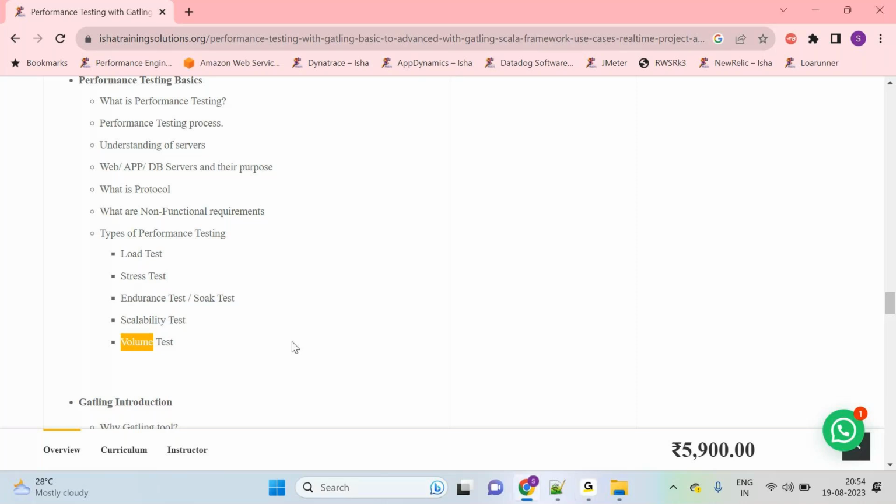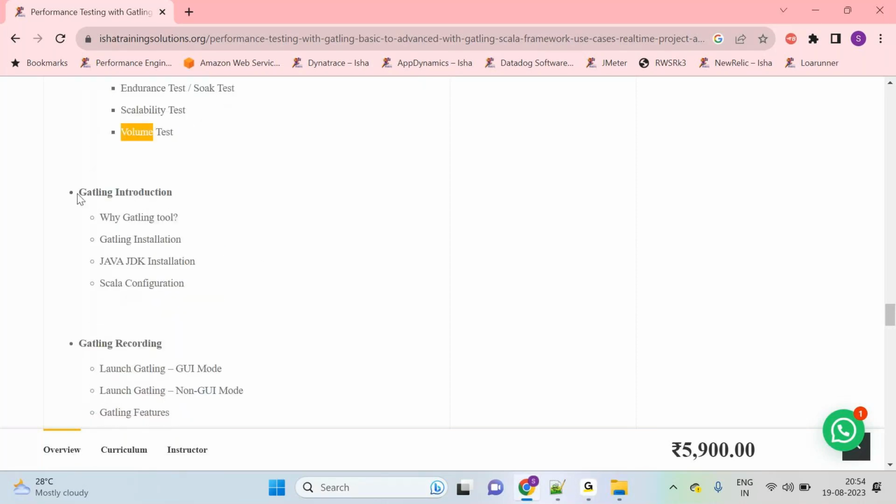Yes, now we are going to start the actual content. We will do an introduction to the Gatling tool, because initially that question will be there: why the Gatling tool, why not another tool. So we are going to discuss why the Gatling tool is important. Gatling has both versions: an open source version and a commercial version.